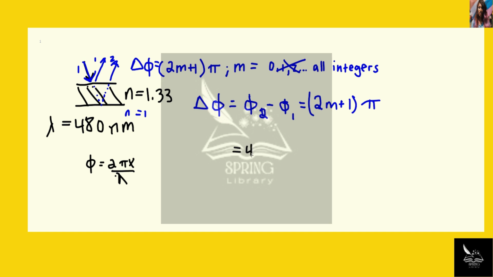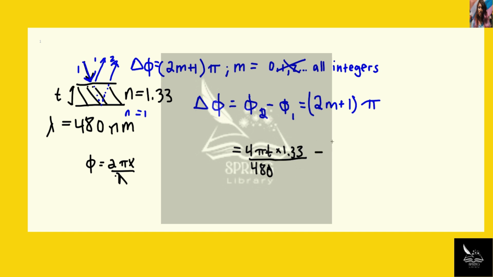So this top is going to be 4 pi times t, where the film has a thickness of t. And then lambda is equal to 480, and then of course we have to divide by the 1.33 because it's in a thin film. So that means the wavelength is reduced, and dividing by 1.33 means putting 1.33 here.